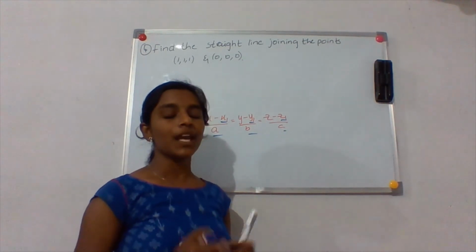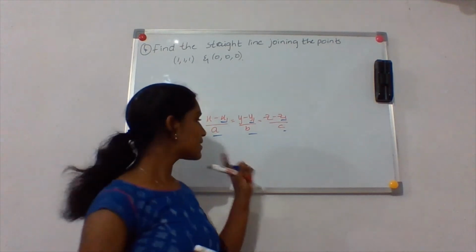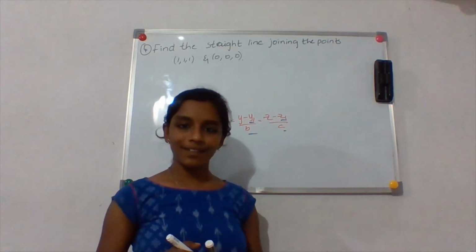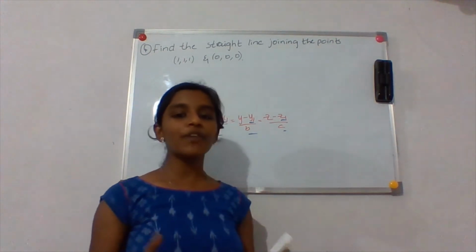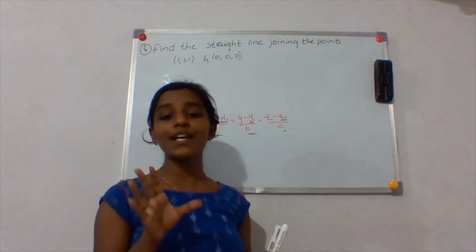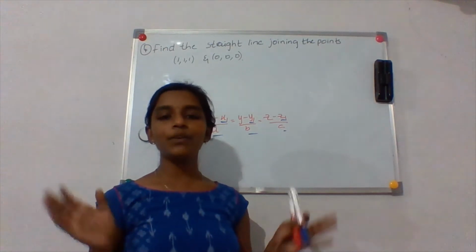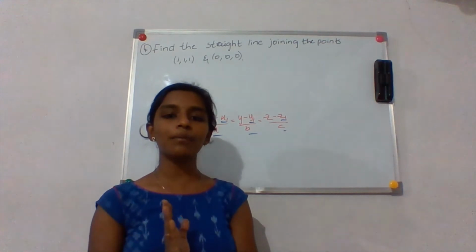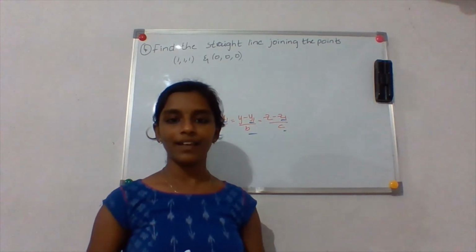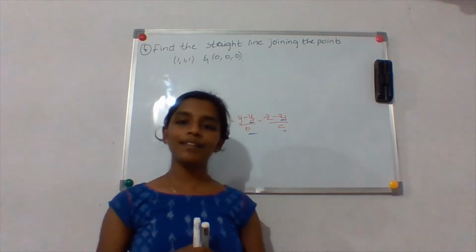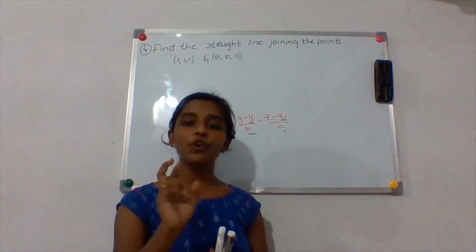The only thing you have to worry about is a, b, c. Here this is a line, so you can directly find the DRs of the line. You don't have to find the DRs of a normal to the line because this itself is a line. So how do you find the DRs of a line if 2 points are given?